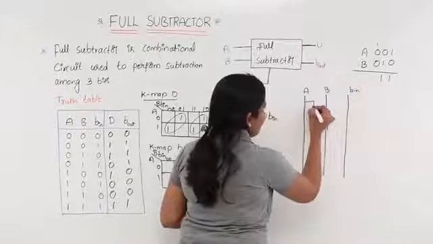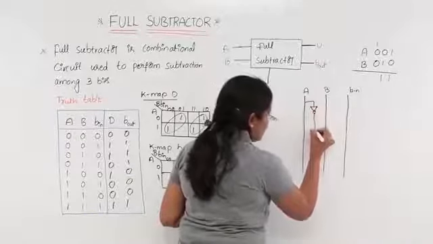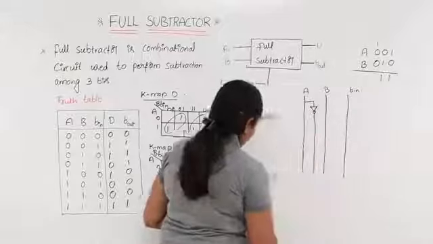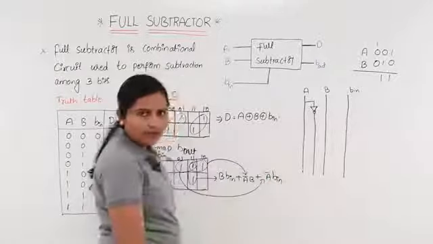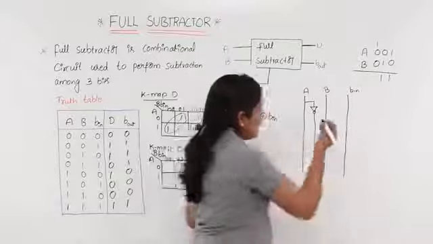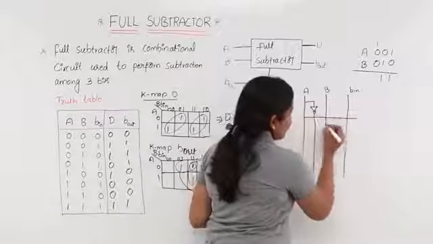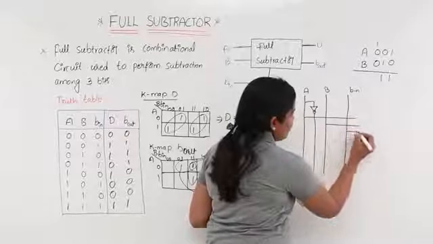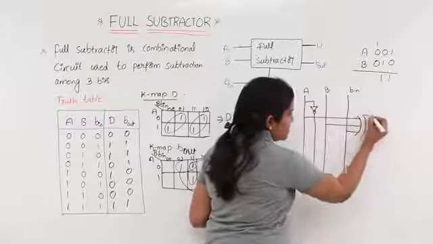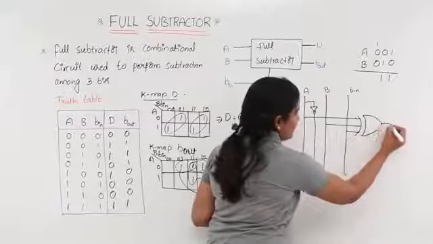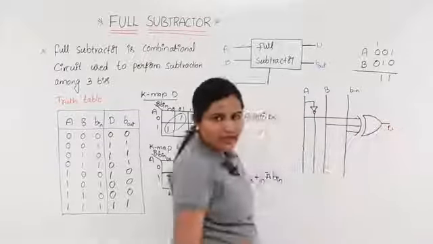You need an inverter for A because sometimes you are taking A bar in this expression, that is why I enabled an inverter line also. If you ask how you get the difference, it is by taking XOR of 3 inputs.